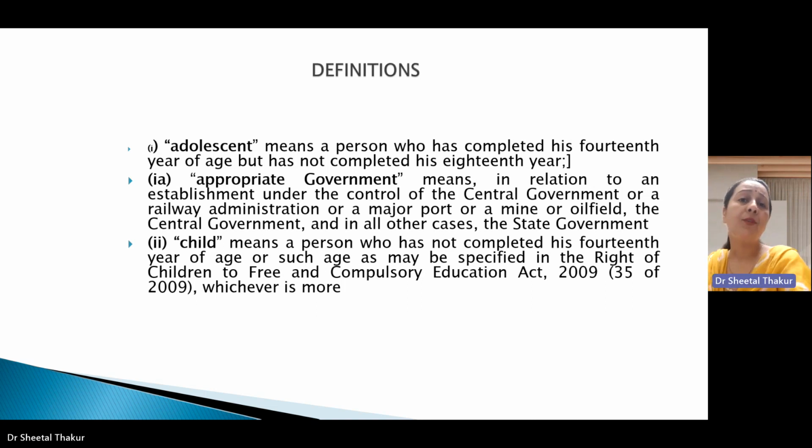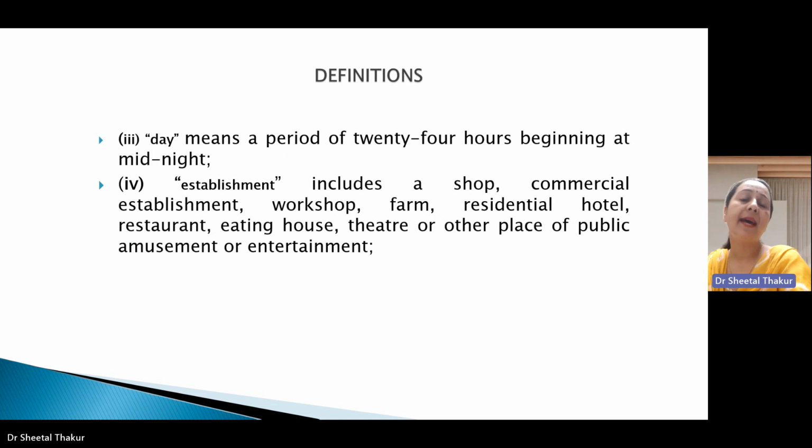To sum up, the minor has been classified under this act in two categories: number one is child and number two is adolescent. A person below the age of 14 years will be deemed to be a child, and a person who has completed the age of 14 years but has not completed the age of 18 years will be deemed to be an adolescent as per the provisions of this act.